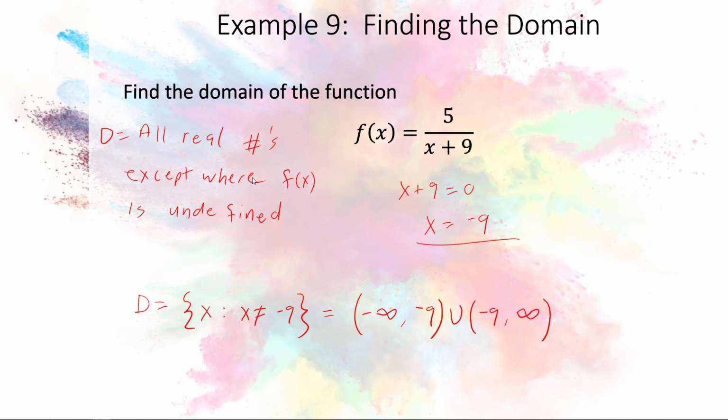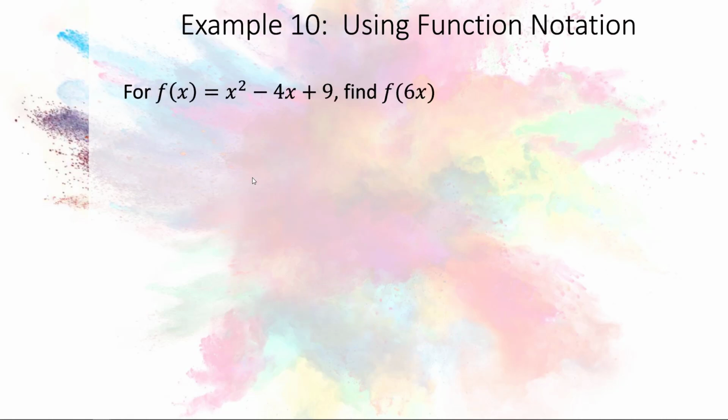And this brings me to my last problem, or last example, for this video. Here, we want to evaluate f of x, which is defined as x squared minus 4x plus 9, for the case where the argument is equal to 6x. So what do we do?